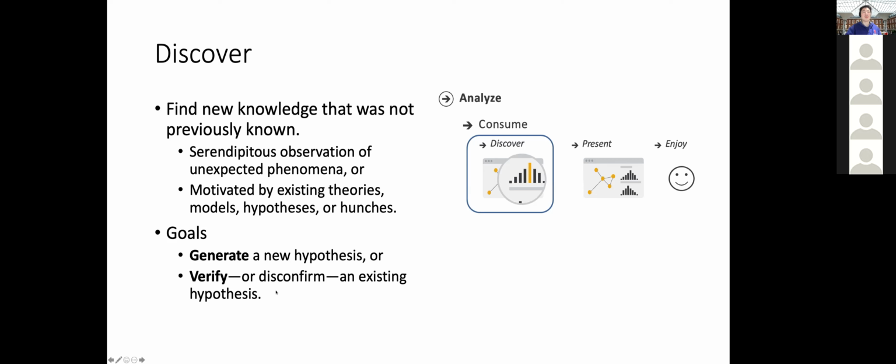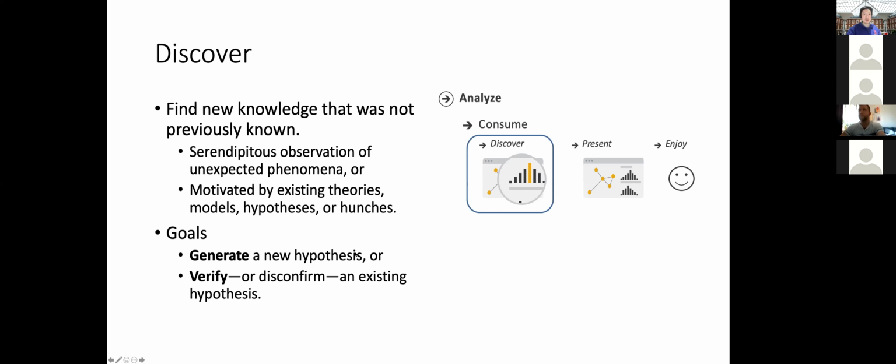For example, you might think the price of the product increased continuously over time. Maybe that's your hypothesis, and you can use visualizations to confirm or disprove that. Or maybe you have no idea, for example, when we do the car dataset analysis, you might not have any idea what the patterns or findings in the data are.